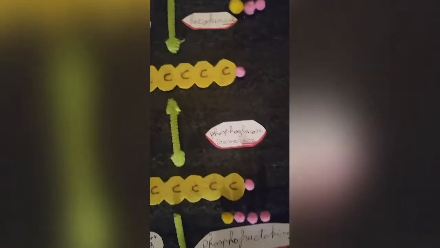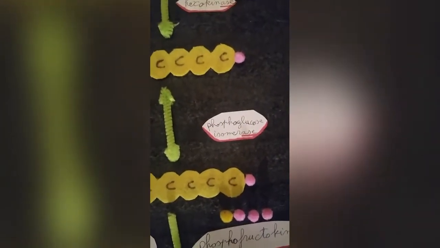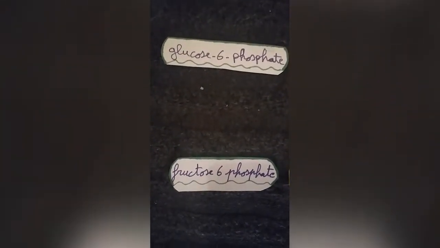Here we will remove this phosphorus and add it to phosphorylate the glucose, so we will obtain glucose 6-phosphate. After that we have an enzyme called isomerase, which is phosphoglucose isomerase. Here we obtain fructose 6-phosphate. Why do we convert it to its isomer, fructose 6-phosphate?